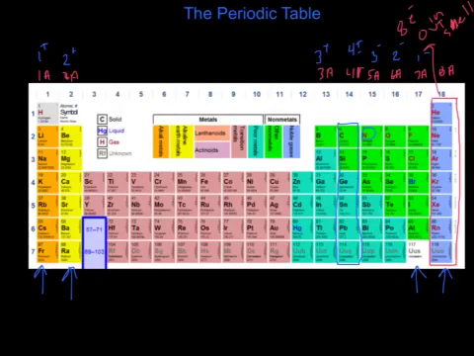All right, so let's take a look. If, say, I ask you the charge of lithium. Lithium is 3 right here. And what do I mean by 3? Well, the atomic number, three, tells us that it has 3 protons and 3 electrons.